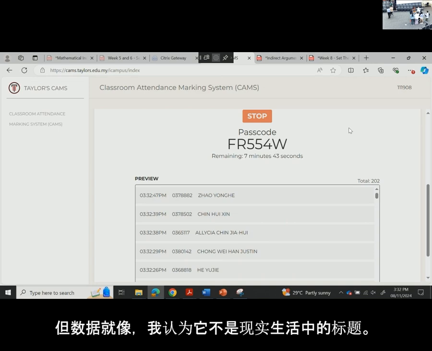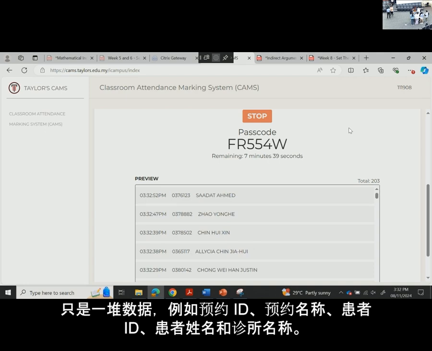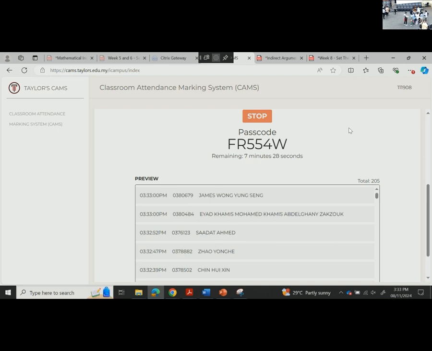There is no reference, no explanation of how it was collected. It's just a bunch of data like appointment ID, appointment name, patient ID, patient name, and the clinic name.